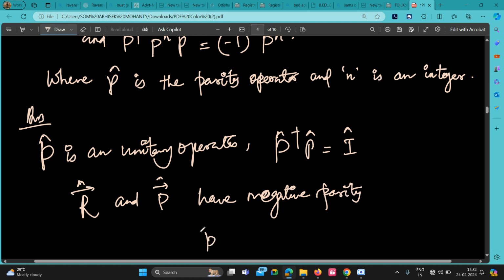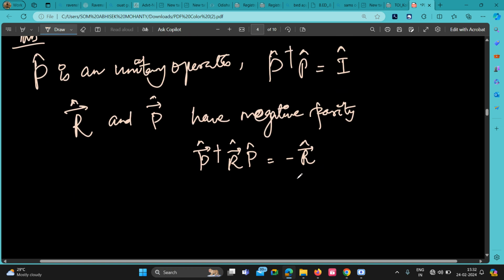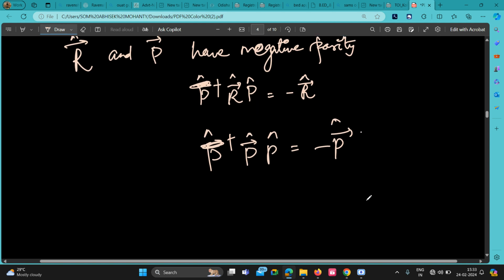That is, you can say P dagger R P is equal to minus R. So this is a negative parity. And you can also write P dagger P P is equal to minus P, because it has negative parity.